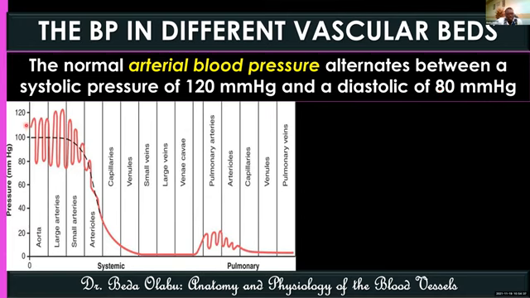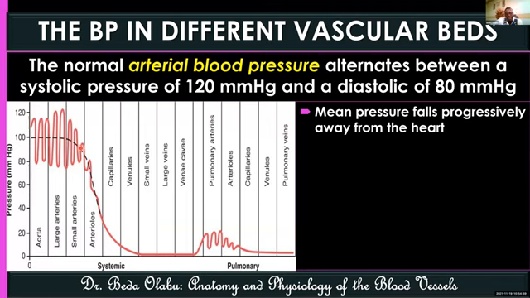And this graph shows us that very well. As we move from the aorta to the large arteries and even the smaller arteries, the blood pressure will be oscillating between systolic and diastolic, and that's okay. Now, as the blood moves away from the heart, we can see that the pressure falls progressively.